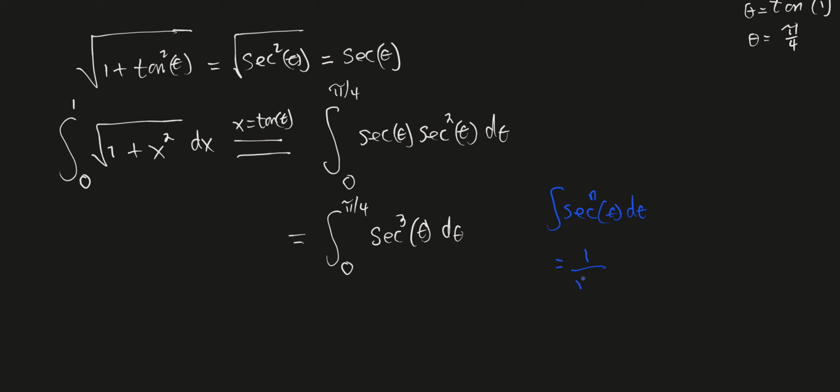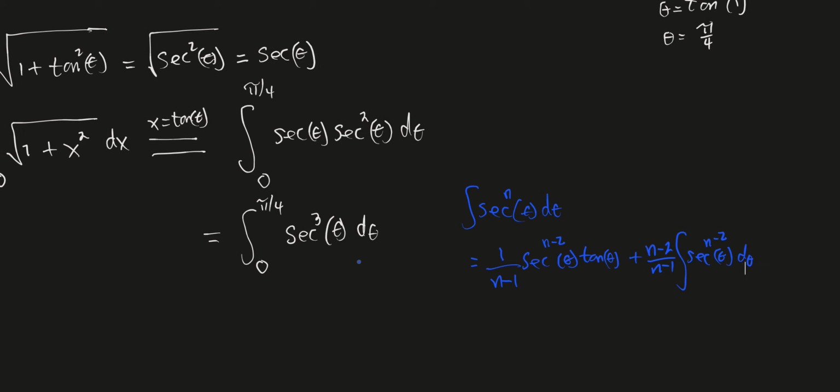It's 1 over n minus 1 times secant to the power n minus 2 times tangent, and then plus n minus 2 over n minus 1 times the integral of secant to the power n minus 2 with respect to theta, right?